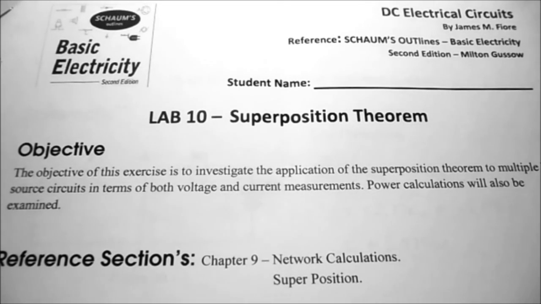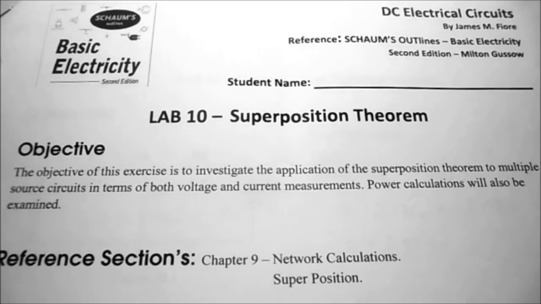Under the reference sections, I'm referring to Sherman's Outline, Basic Electricity, 2nd edition. And we're going to take a look at chapter number 9, Network Calculations, specifically Superposition.